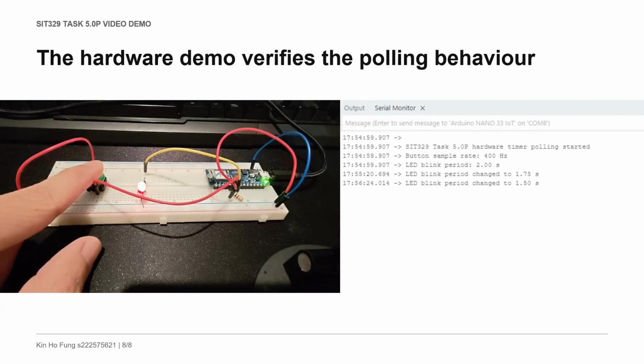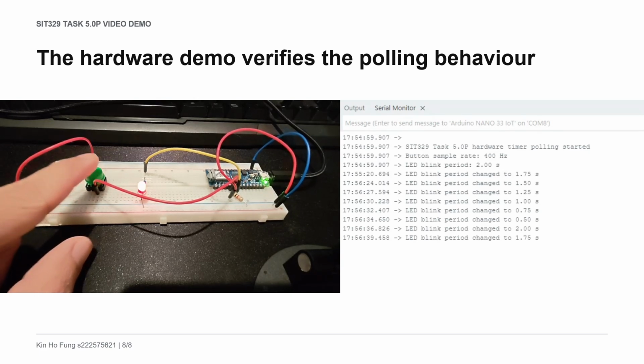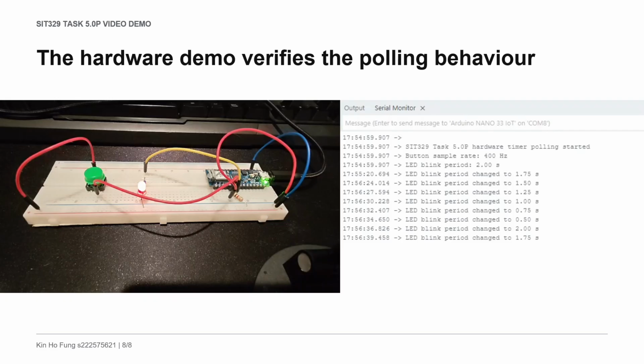The expected sequence is 2 seconds, 1.75 seconds, 1.5 seconds, 1.25 seconds, 1 second, 0.75 seconds, 0.5 seconds, and then back to 2 seconds. This demonstrates that the hardware timing is providing the polling time base and that the application logic meets the specification.